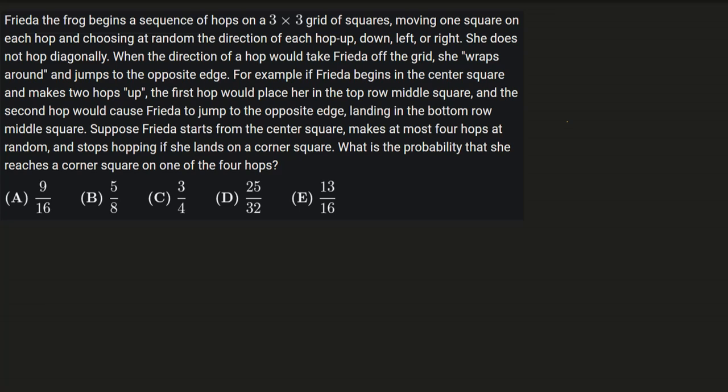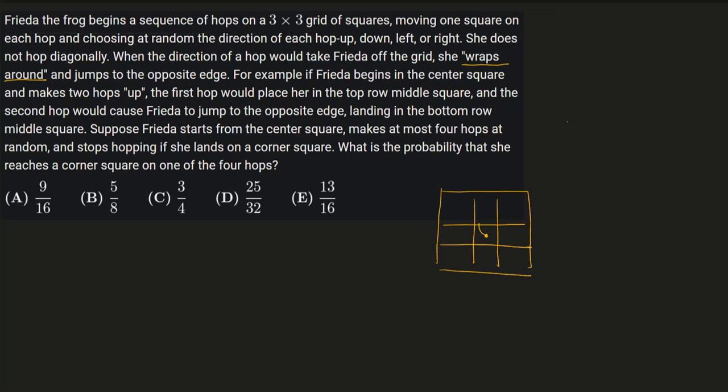What happens is this: wrapping around. What does that mean? In the problem, it gives an example, so I will explain that with this diagram. Suppose we have this 3x3 grid, and she starts from the center. Then she hops up twice.